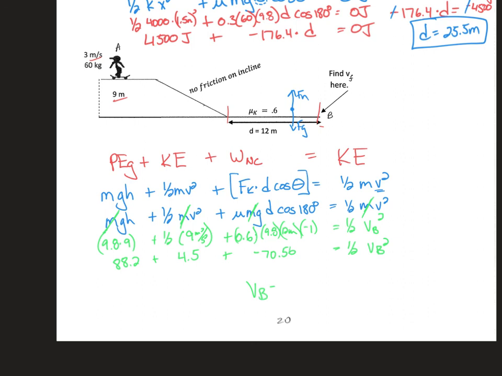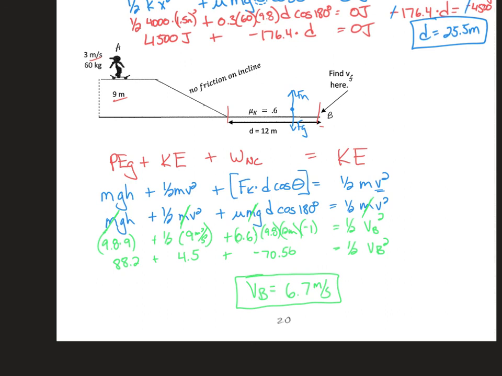Your VB, I think we can do this all on our calculator, 88.2 plus 4.5 minus 70.56. Divide that by 0.5. Take the square root to get my V from my VB squared. And I get a V of 6.7 meters per second, 6.654, if you want to check.